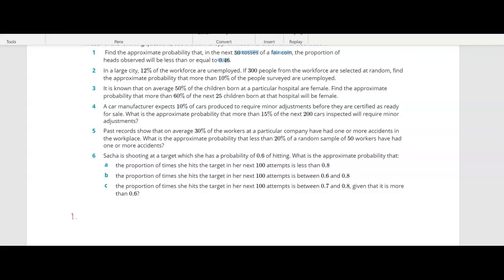All right, so let's write down what we know. So n is equal to 50. P is 0.5 because it's a fair coin. And we want to find the probability that the proportion of heads observed will be less than or equal to 0.46.